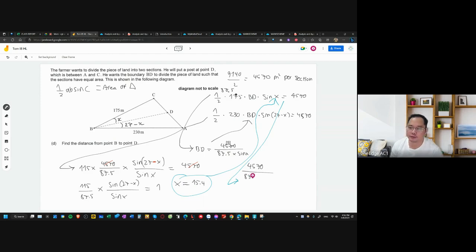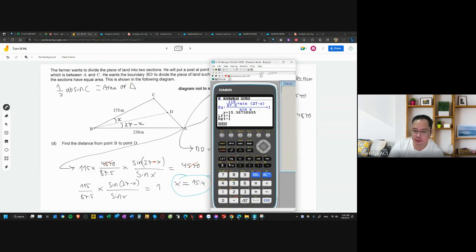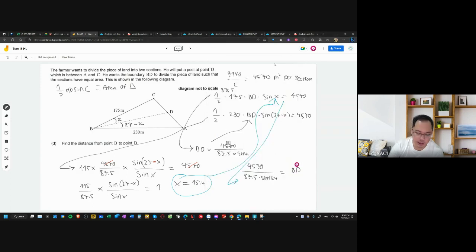And sine of 15.4, more accurately 15.3674. Again, we only round the final result, without rounding the intermediate steps.